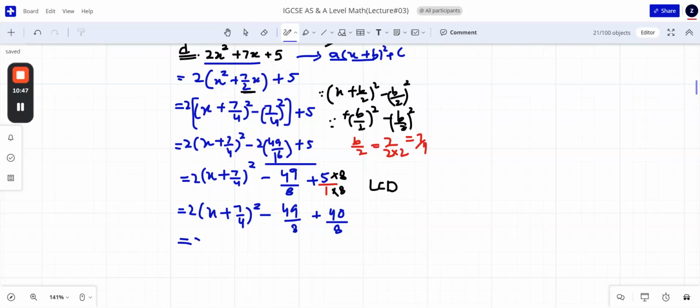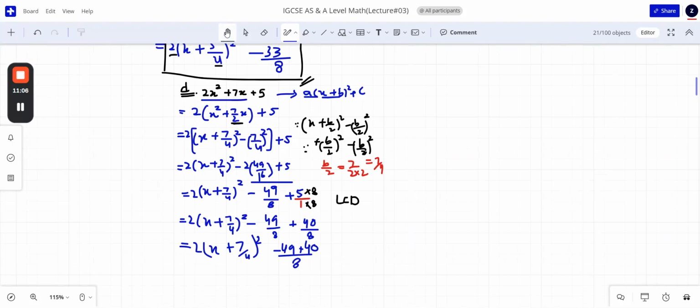Again, the first two terms we will keep the same, x plus 7 by 4 whole square. Here the denominator is the same, so we will write it once. Now the numerators we have are minus 49 and plus 40.